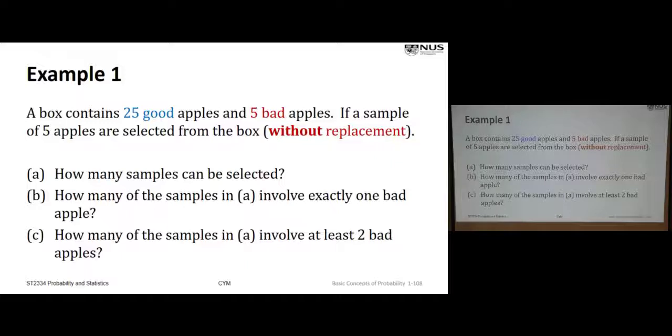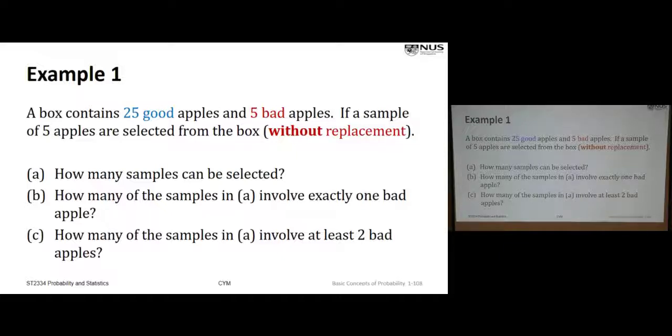Last week we talked about combination and permutation. Now we apply those rules to some practical problems, sort of practical. So here is example 1.